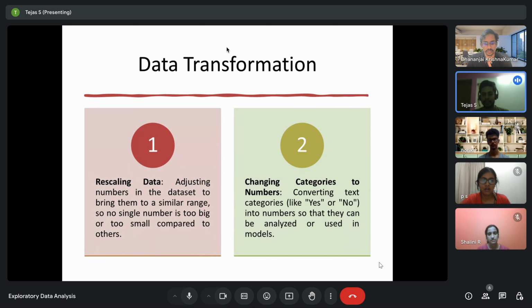And changing categories to numbers, that is, for example, converting text categories like yes or no into numbers so that they can be analyzed or used in models, as many of the machine learning models understand easily when provided with numerical values. So it is easy to provide numerical values than any textual values.